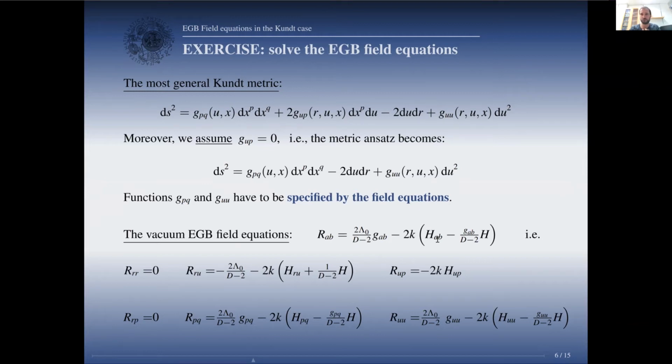This H_ab, as I said, is the Gauss-Bonnet contribution, and this H without indices is its trace. And if you explicitly evaluate these equations for components rr and rp, where p stands for the coordinates of this transverse space, you'll find that these two equations are identically satisfied, and then there remain only 4 equations written here.